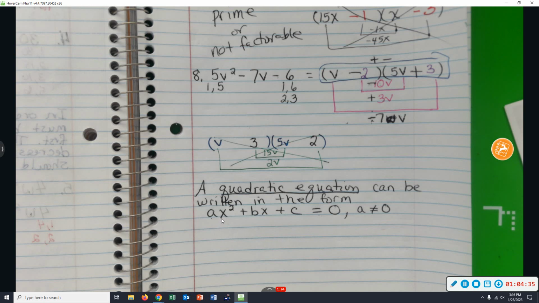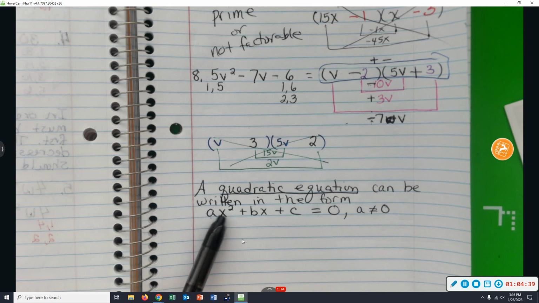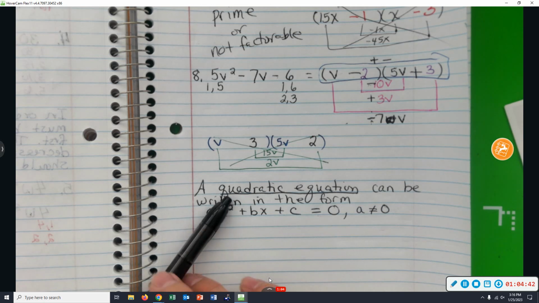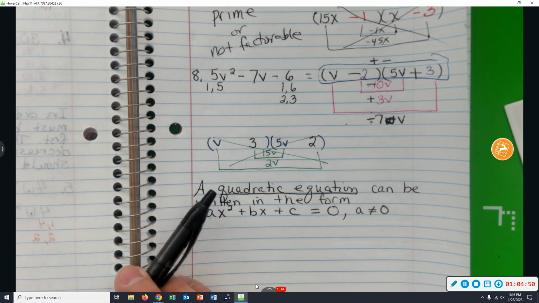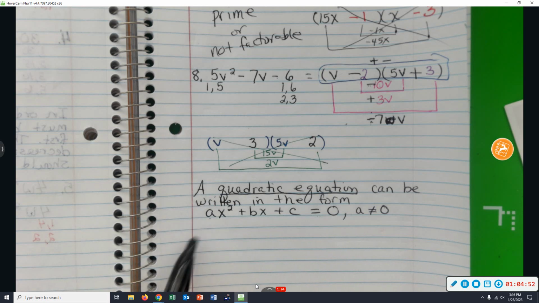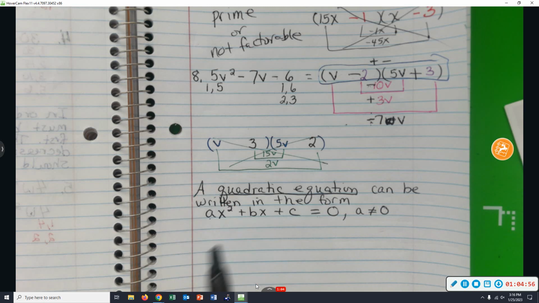Do y'all remember solving equations where there were no exponents in them? That's the first thing done in an algebra course. In Algebra 1, the first thing you do is combine like terms, then you solve an equation. It's called a linear equation, starts with the L. A linear equation has no exponents.